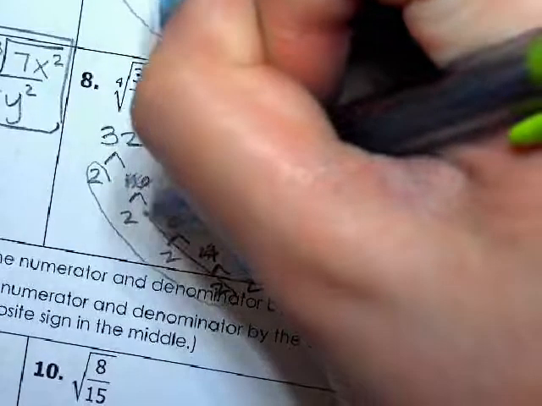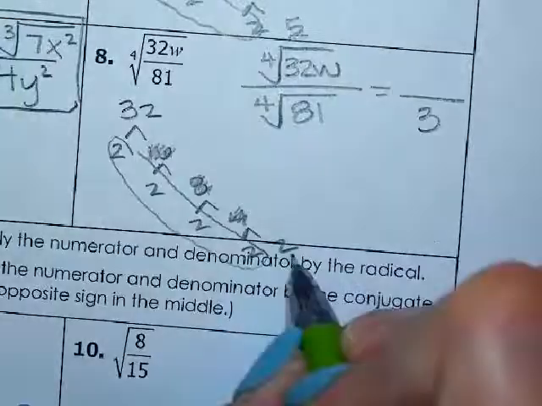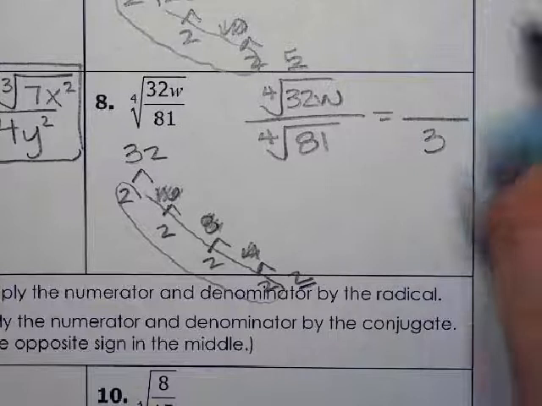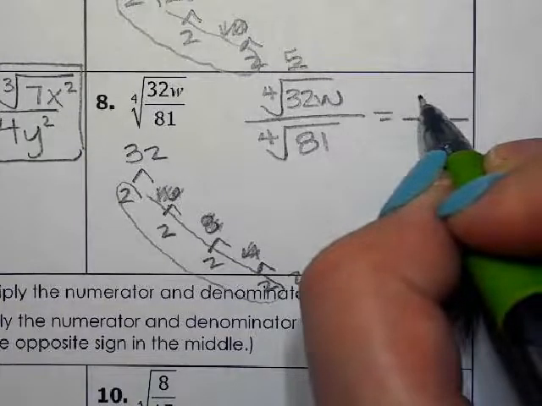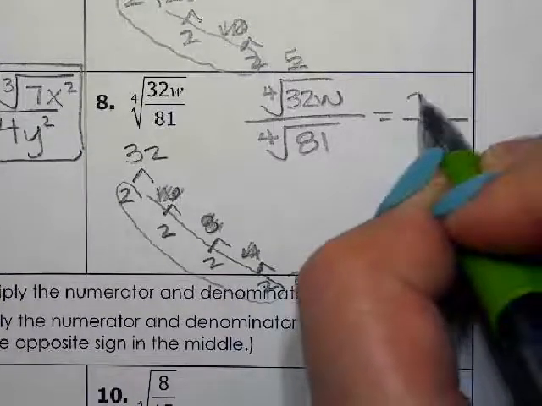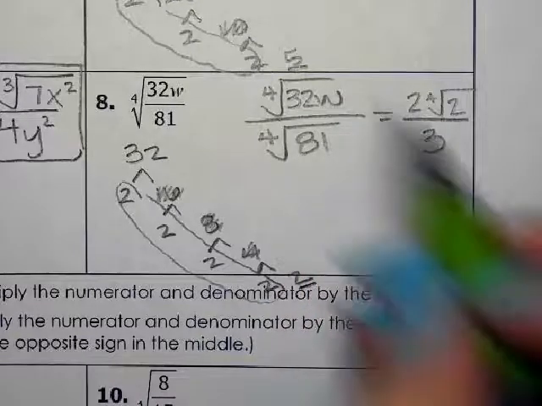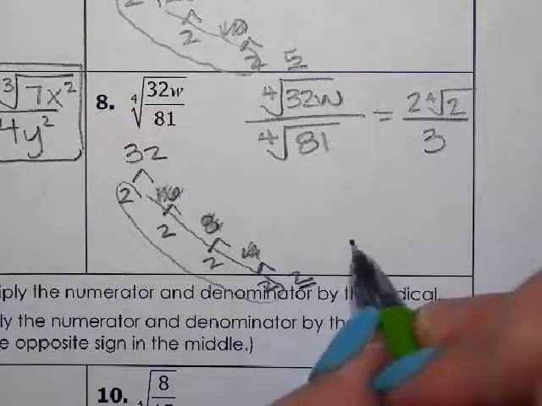There's our set of 4, there's our leftover 2. So that's with the 32. So we got 2, 4th root, 2. Now with the w, we only have one of those. So that's a leftover. There's no set of 4 there.